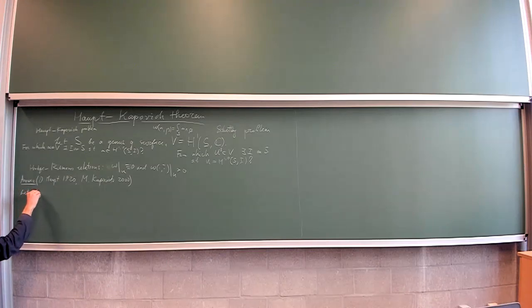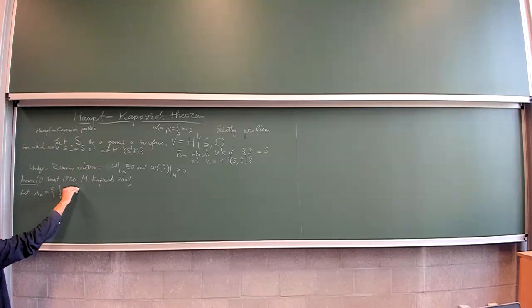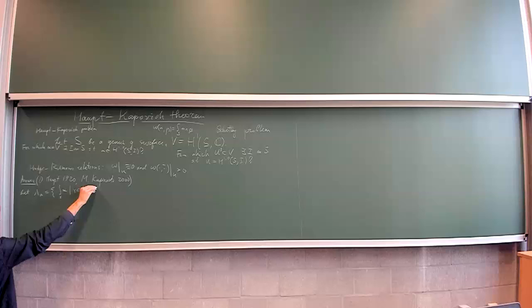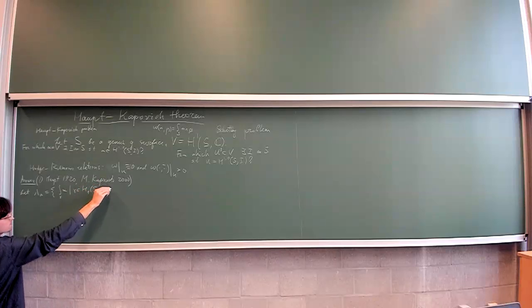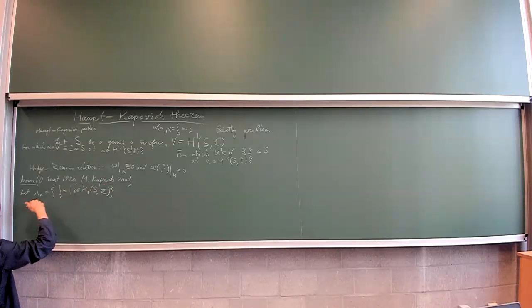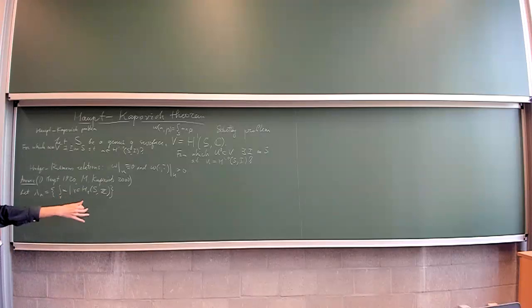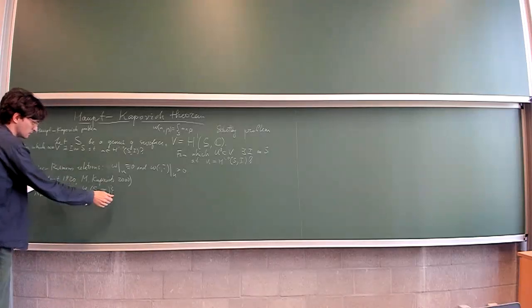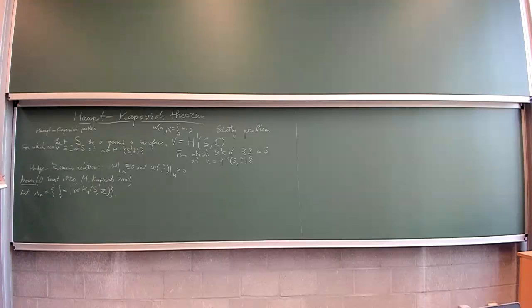Let lambda with the subscript alpha denote the set of all the integrals of alpha over the classes in first homology, so the set of the periods of a given form. So then the class can be realized.